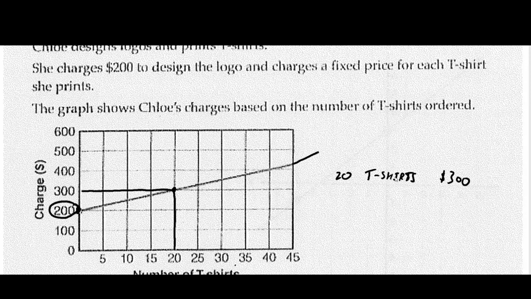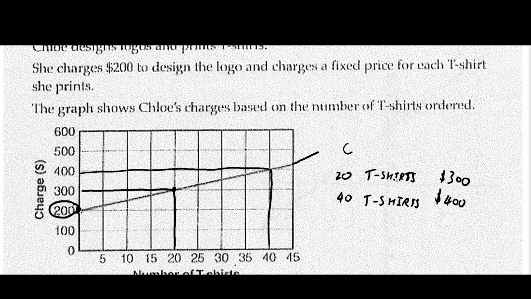Okay, and 40 t-shirts is $400. So for every 20 t-shirts, she increases the price by, so for 20 t-shirts, she increases the price by 100.